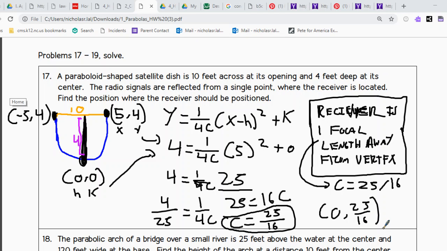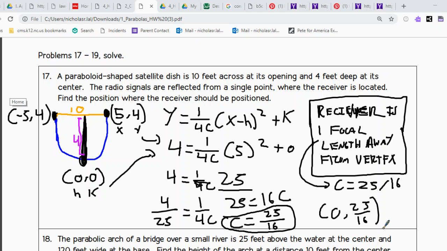Okay, so the radio signals are reflected from a single point where the receiver is located. The focus is the point where the distance from each point on the parabola is equidistant between the focus and the directrix.